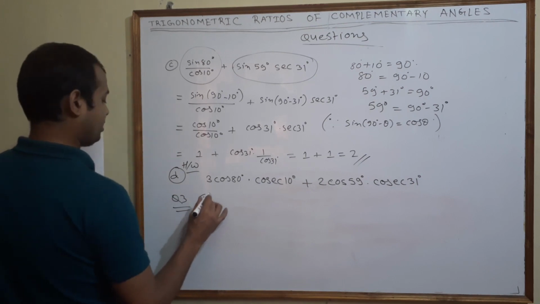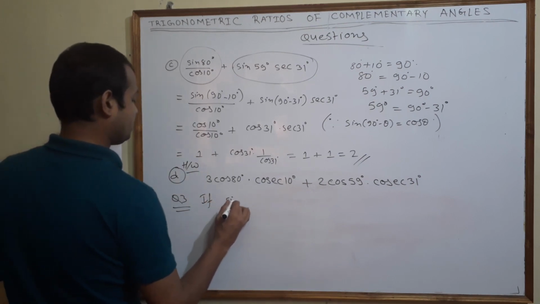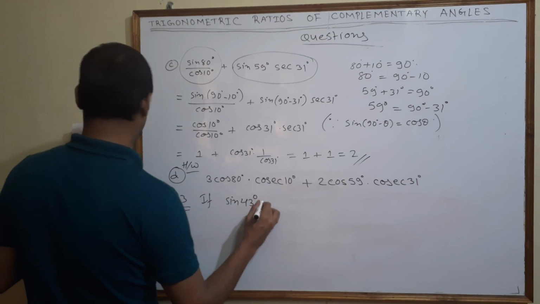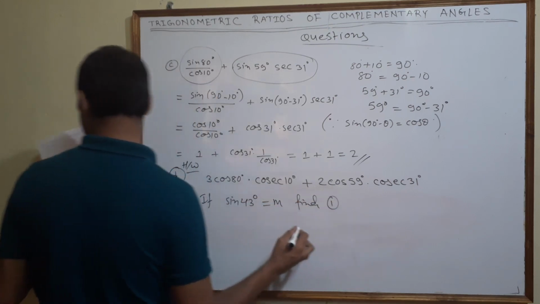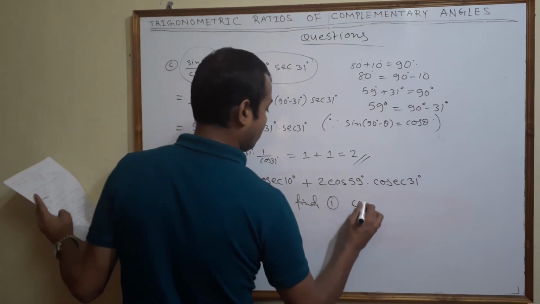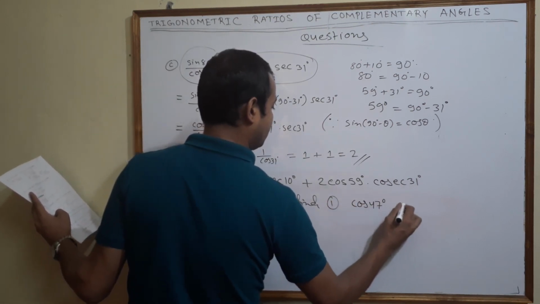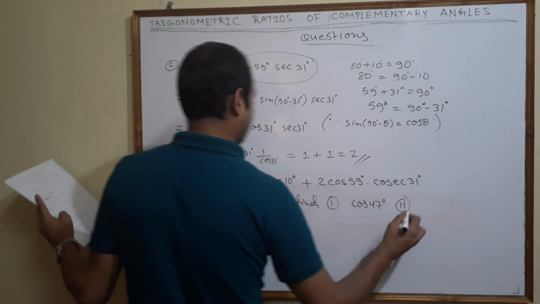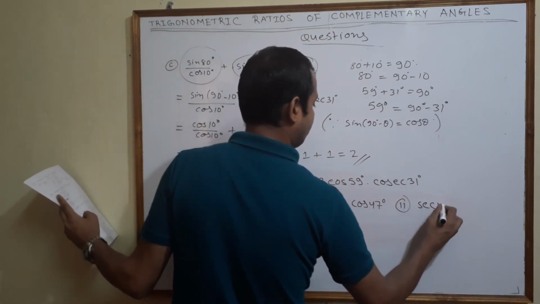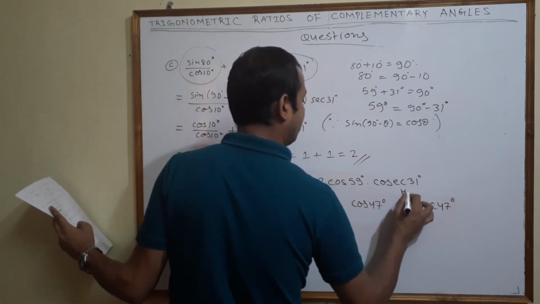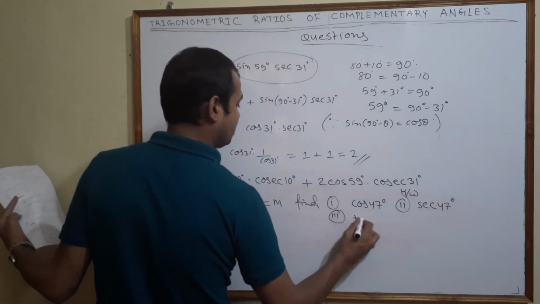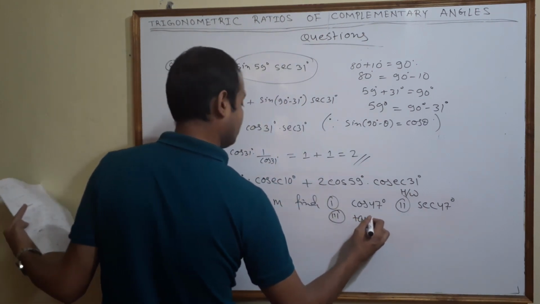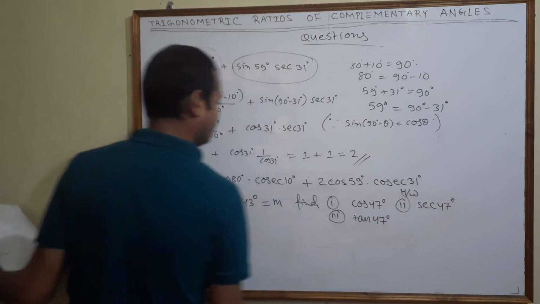Here, if sin 43 degree is equal to m, find number 1, cos 47 degree, number 2, sec 47 degree. This will be your homework. And number 3, tan 47 degree.